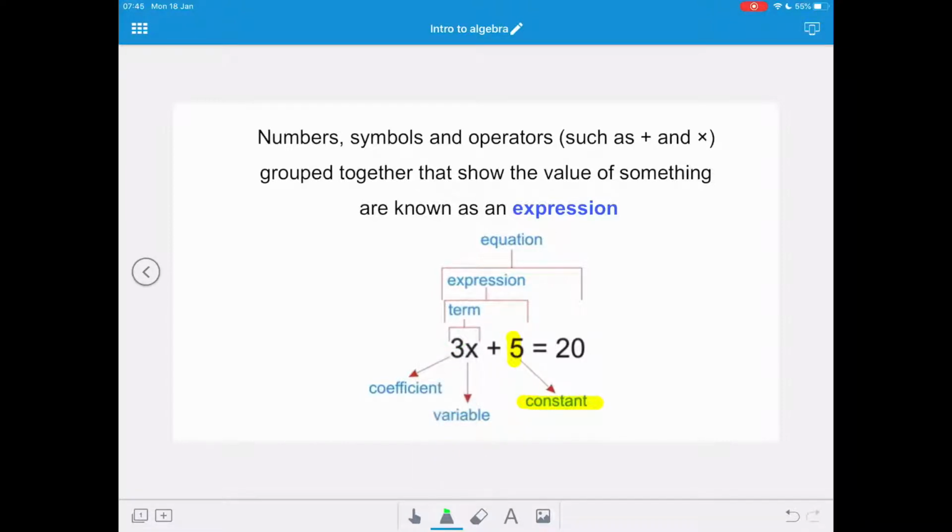This letter can be any letter of the alphabet, and it's known as the variable. And if there's a number in front of that letter, it's known as a coefficient, and in this case, it's the number 3. If there's no number in front of our x, then we can assume that the coefficient would be 1.